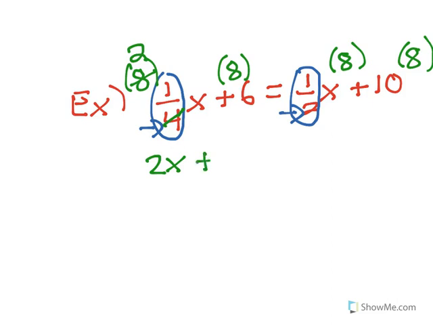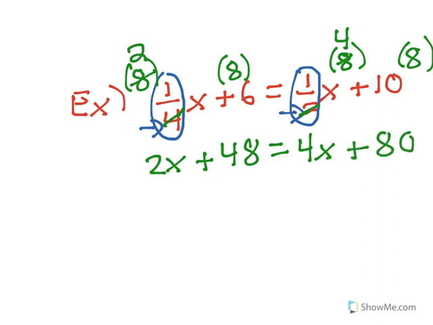Over here, we have 8 times 6, which is 48. Over here, we're doing 1/2 times 8. So we're thinking about what half of 8 is, or 2 goes into 8 4 times, and 4 times 1 is going to leave me with 4x. And over here, 10 times 8 is 80. Now, if you look, we have an equation, and there are no more fractions. So our life is a lot easier.